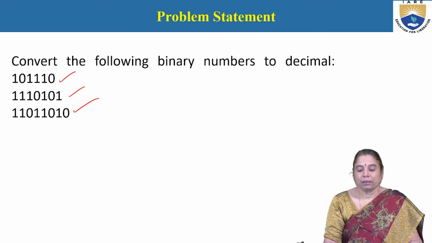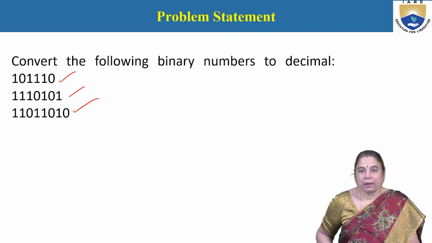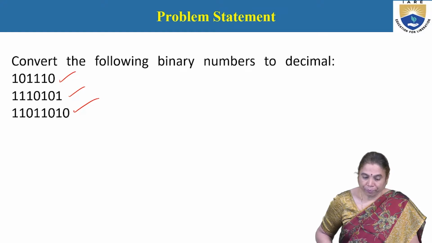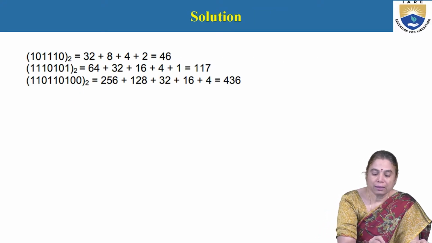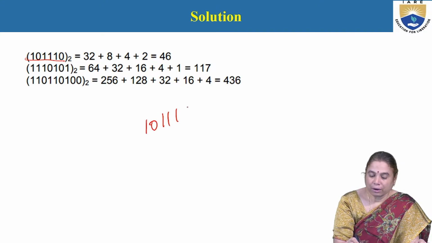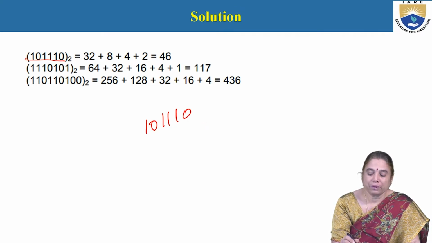To convert a binary number into a decimal number, each digit is multiplied by the positional value of that number system.